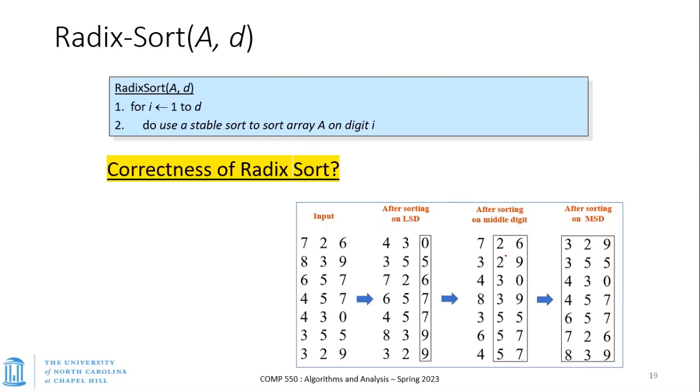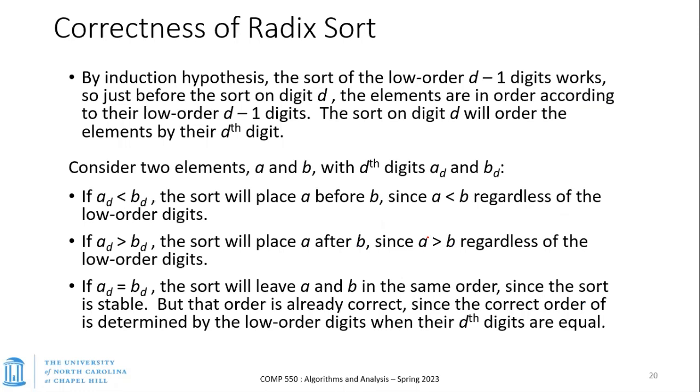Once you've sorted on the least significant digit, then if you next sort on the next least significant digit, it's kind of obvious that the numbers would be sorted, because you've already sorted the lower order. You could spend some time looking at this and understanding it, but I'm not going to waste my time on this. It's almost saying the obvious, though you could have a formal proof of radix sort's correctness as well.